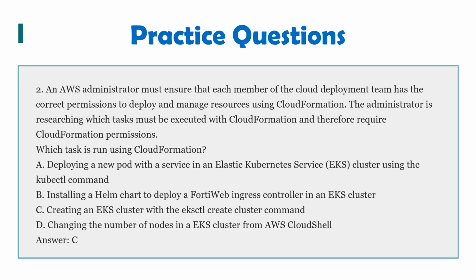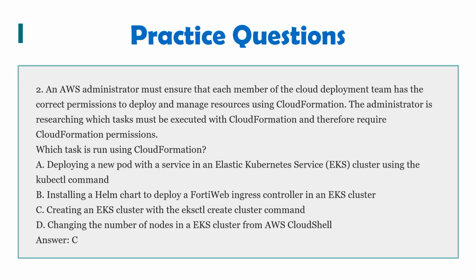2. An AWS administrator must ensure that each member of the cloud deployment team has the correct permissions to deploy and manage resources using CloudFormation. The administrator is researching which tasks must be executed with CloudFormation and therefore require CloudFormation permissions. Which task is run using CloudFormation?